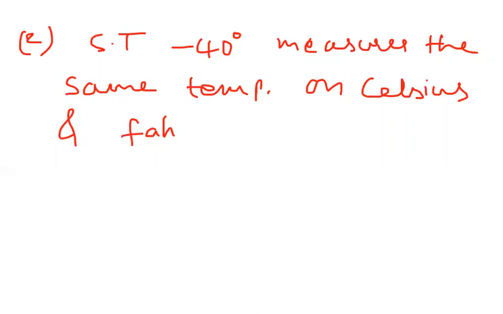That means generally when you are observing the readings, some value will coincide in the two scales. The value which coincides on the Celsius scale and Fahrenheit scale is minus 40. Let us check it out.